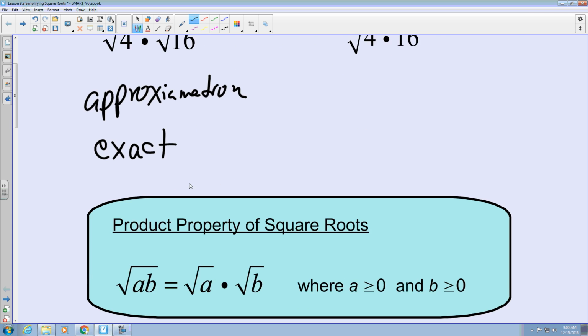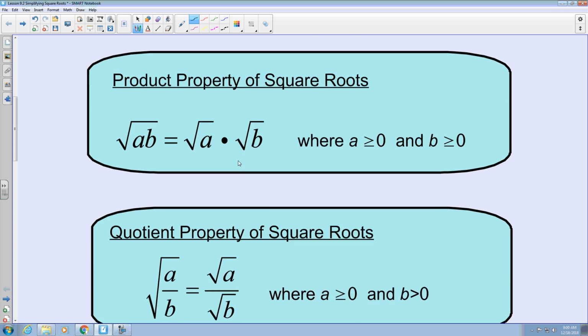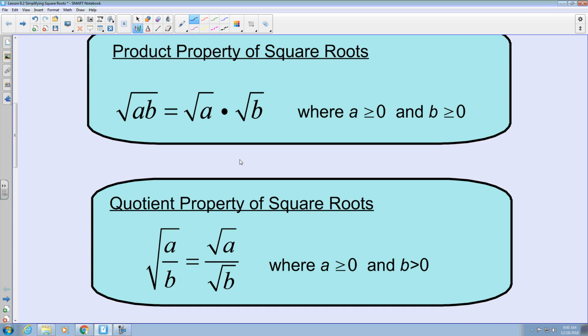Now, one of the things that we have to keep in mind are these two properties of square roots. Basically, what it means is we can put together products of values that are inside the square root and separate them. This right here is the square root of a times b, or you could write it as the square root of a times the square root of b.